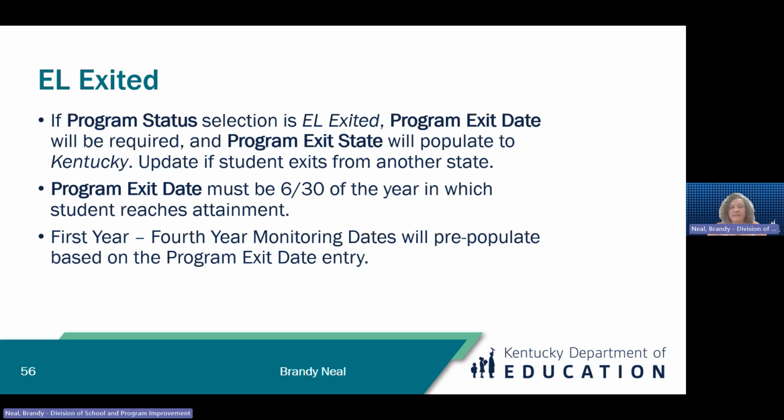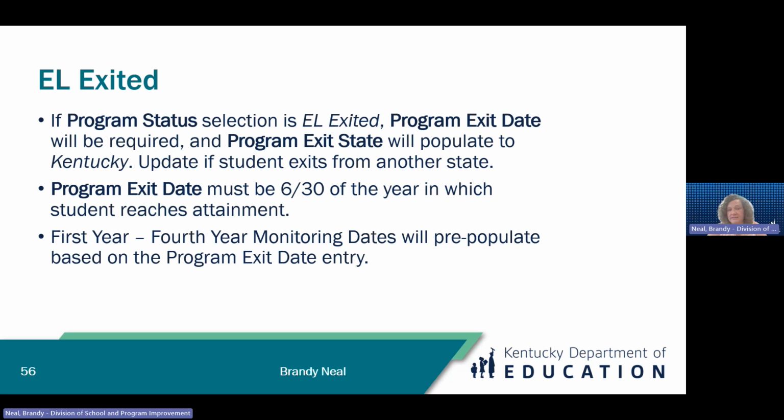EL exited. If program status selection is EL exited, the program exit date will be required and the program exit state will already populate to Kentucky. If the student exited from another state, then you will need to update that section to whatever state the student exited from.